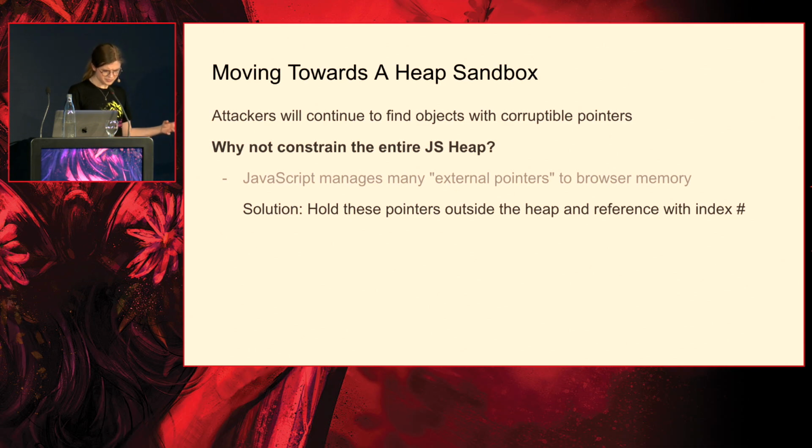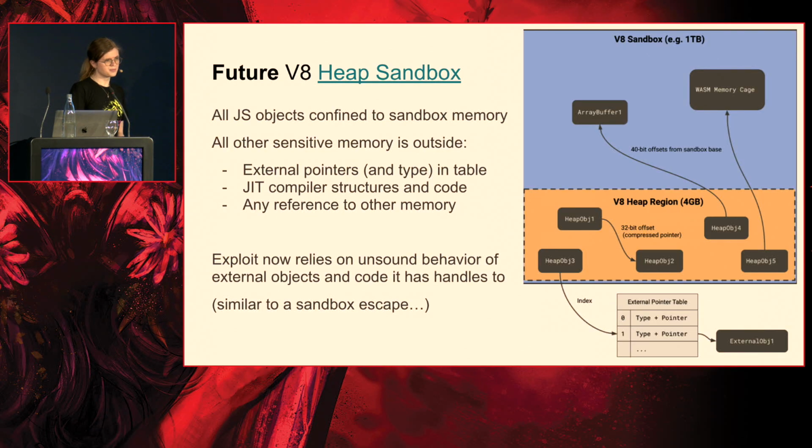reference them. And this is pretty much what a future mitigation, which is being created by a Chrome team for V8, called Heap Sandbox. And this mitigation essentially makes it so that all of the objects in the JavaScript heap are going to be stuck within this 4 GB region. This is partly possible because V8 recently switched to 32-bit pointers to save memory.